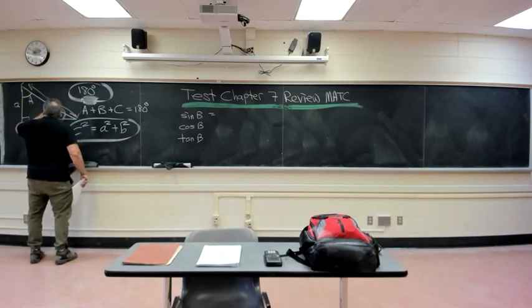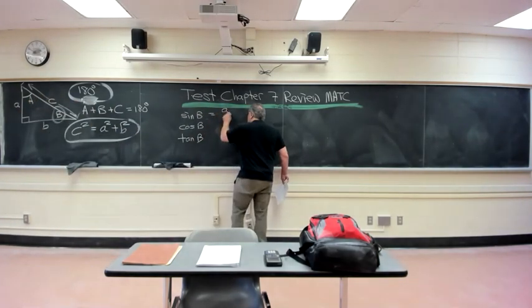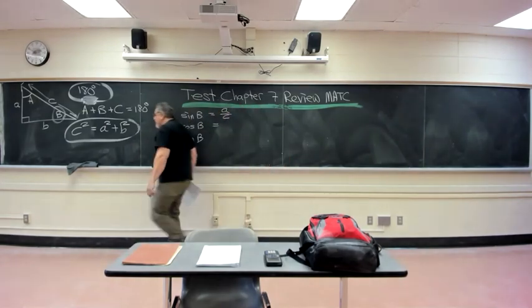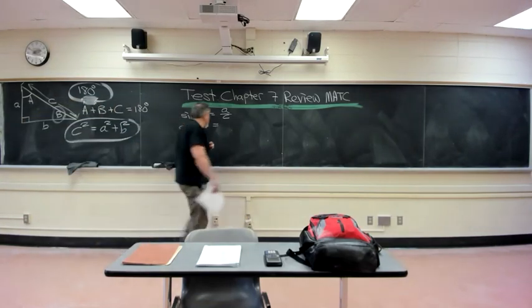The side opposite the angle divided by the hypotenuse. Opposite over hypotenuse. The cosine is the adjacent length divided by the length of the hypotenuse.